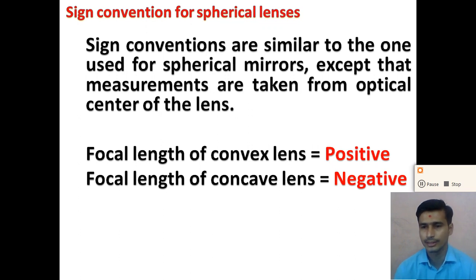The distances on the left side of the lens are considered negative, and the distances on the right side of the lens are considered positive. Heights above the principal axis are considered positive, and heights below the principal axis are considered negative. The focal length of the convex lens is always positive, while the focal length of the concave lens is always negative. So dear student, understand the sign convention for the spherical lens.